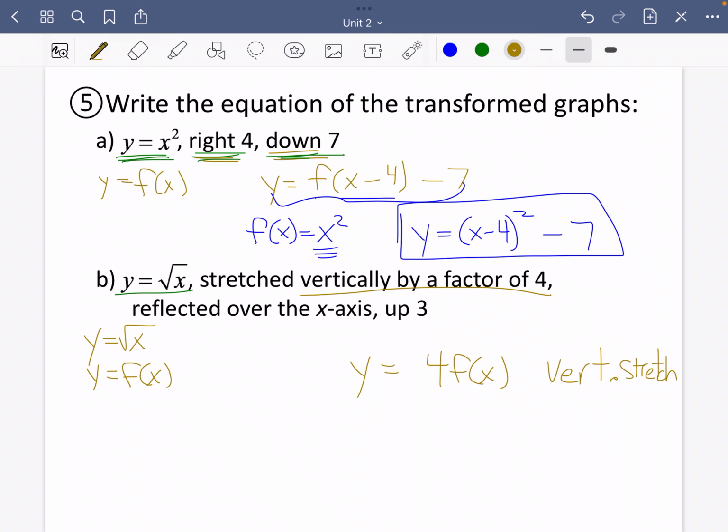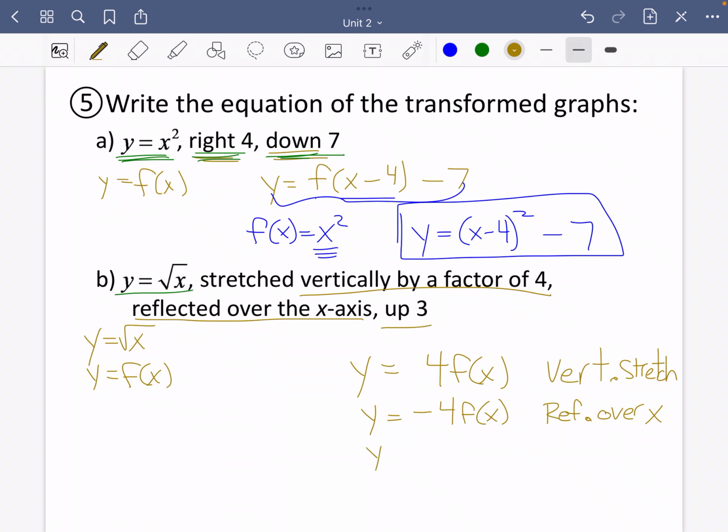What about reflecting over the x-axis? The x-axis is our horizontal axis. So to reflect over the x-axis, we need to take the negative of our stuff. And then we want to shift it up 3.